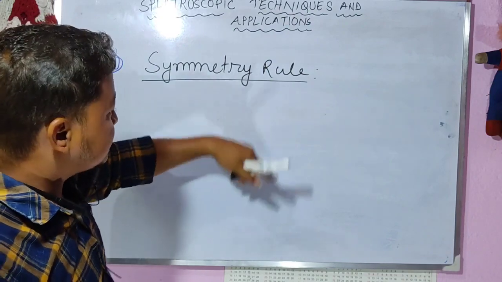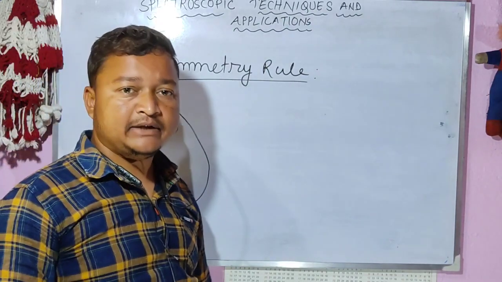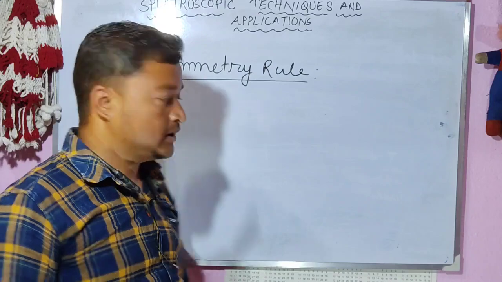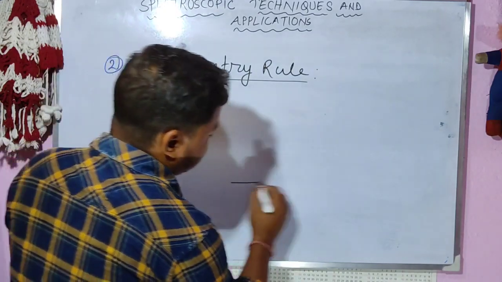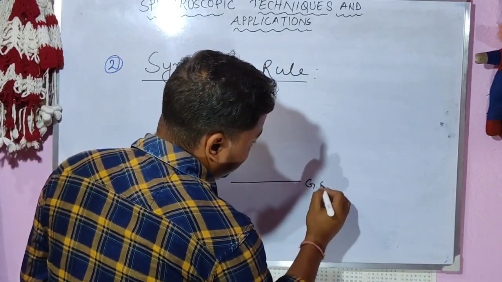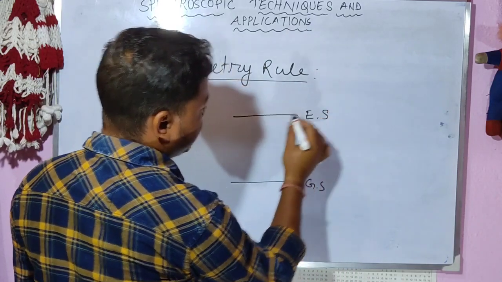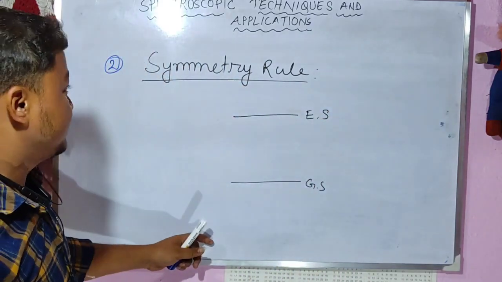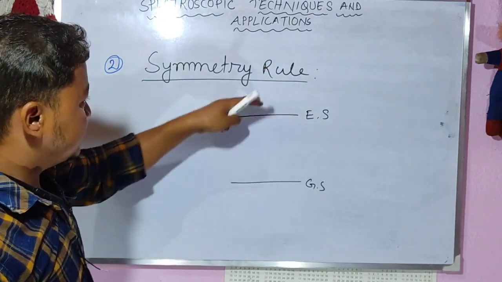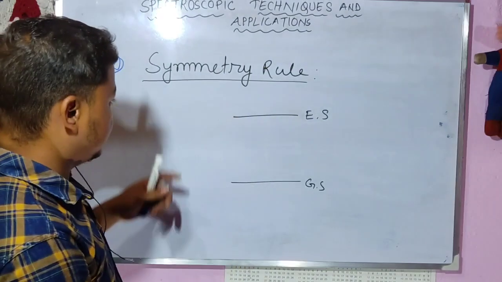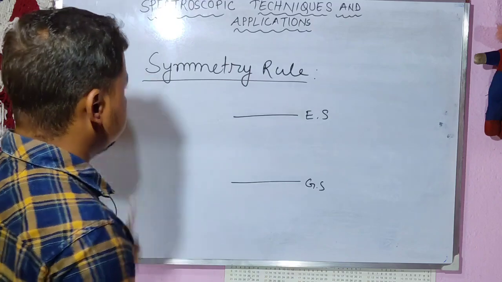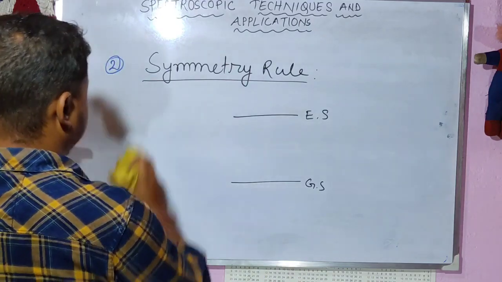That is, during transition the symmetry will be the same. So the symmetry of the ground state and the symmetry of the excited state is the same. That is, no change of symmetry. This is the symmetry rule.